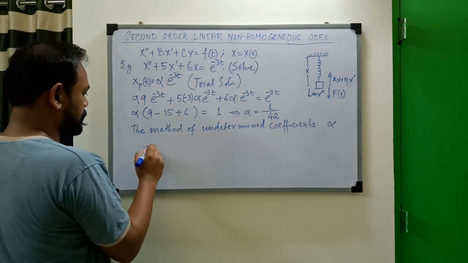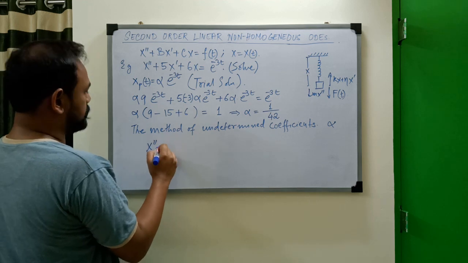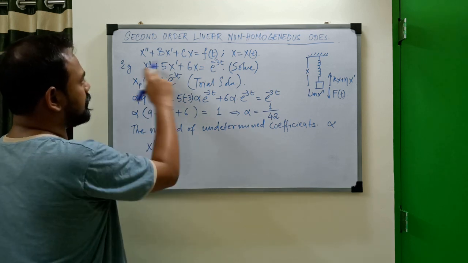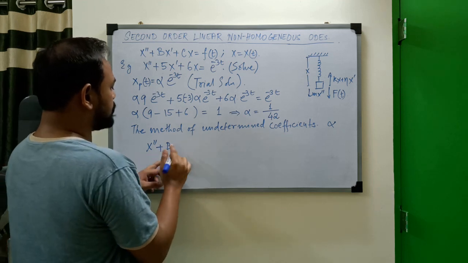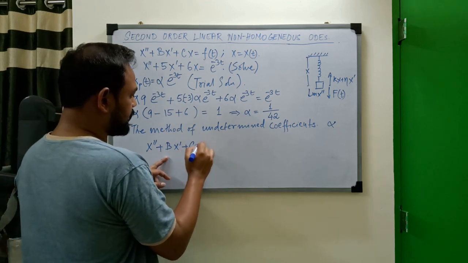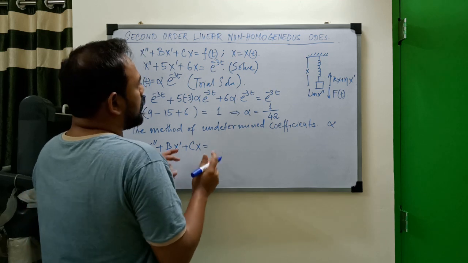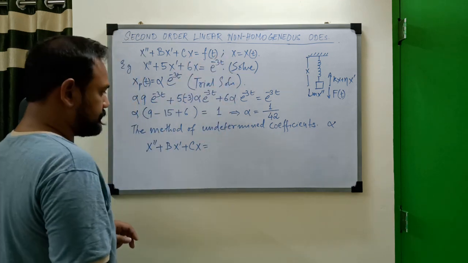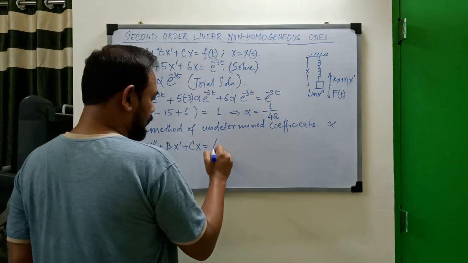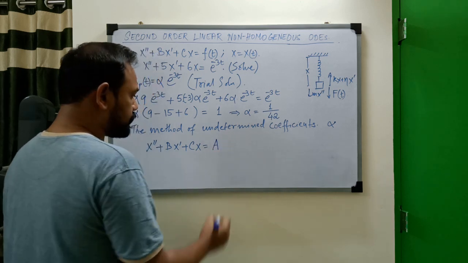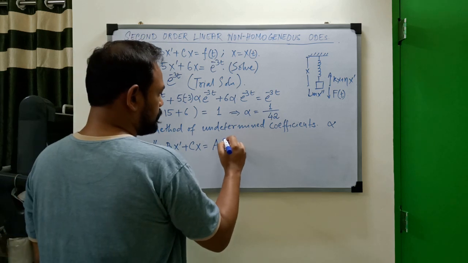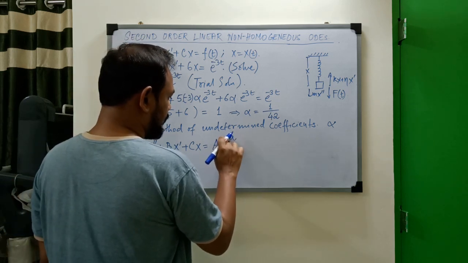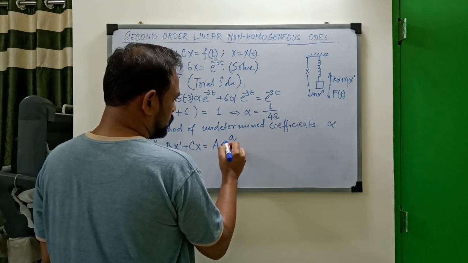So writing everything in general terms, if x double prime plus bx prime plus cx is equal to some exponential term on the right, let me make it very general now, some coefficient or amplitude of the exponential, plus small at.